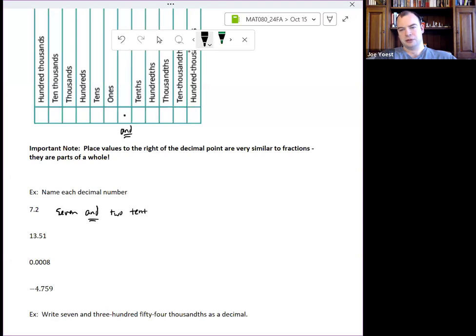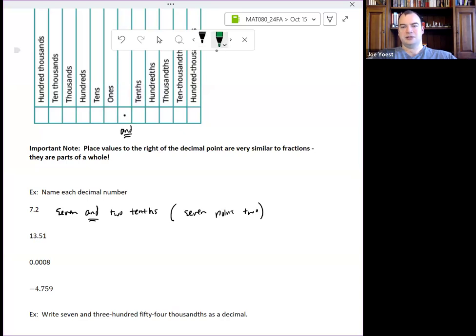Then 2 of what place? The tenths place. 7 and 2/10. Or what we would maybe more often say is something like 7.2. We could really get away with saying it both ways.